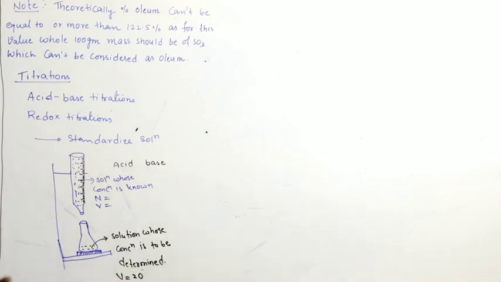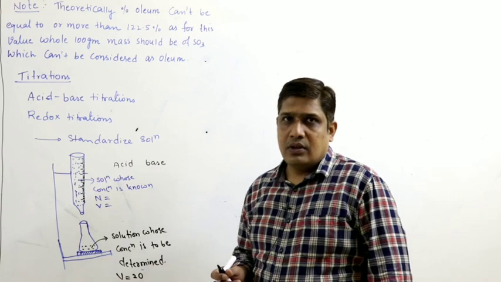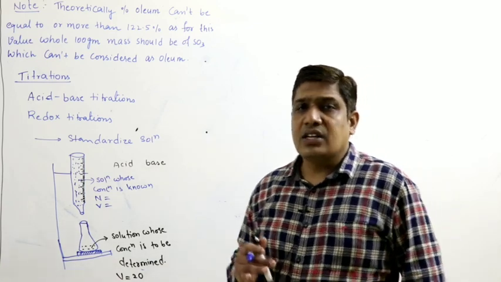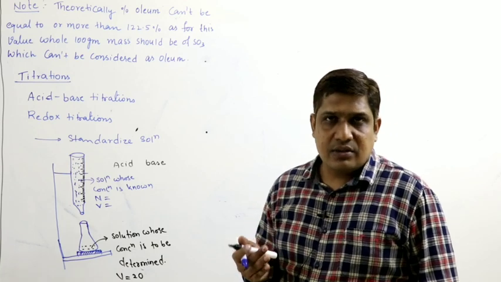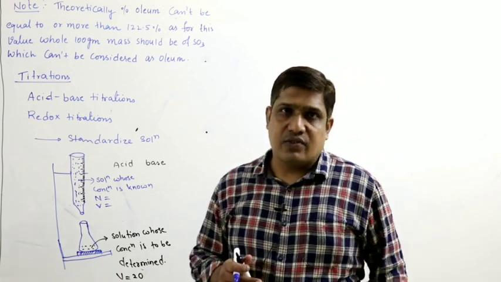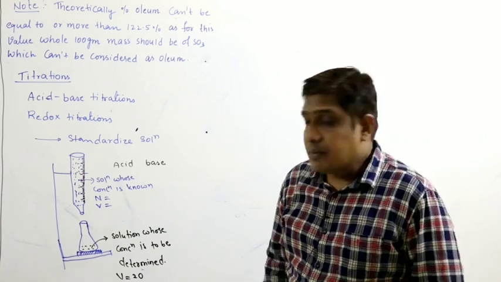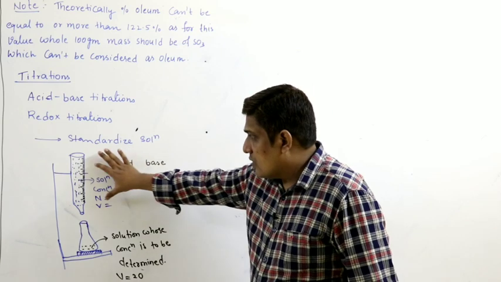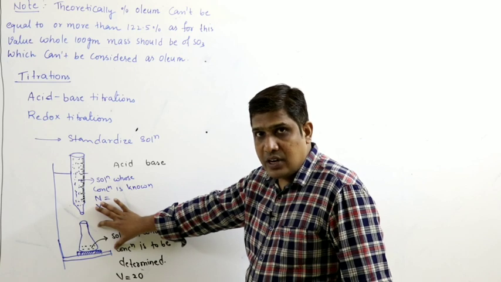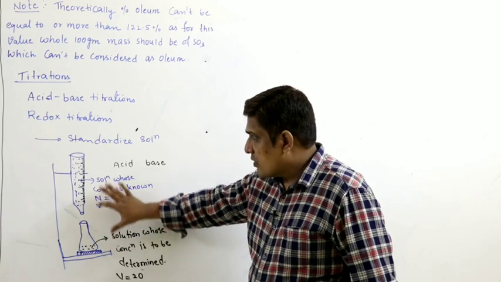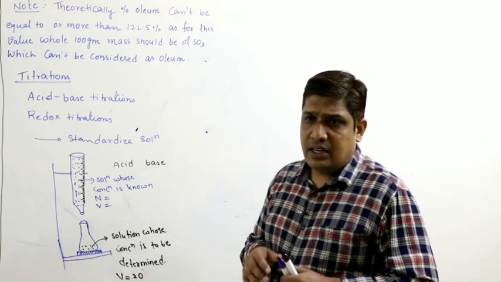Here we use the chemistry. What is the chemistry? They react. After completion of the reaction, the number of gram equivalents of reactants reacted must be equal to the number of gram equivalents of products formed. I am using the same principle of gram equivalence. So the number of gram equivalents of acid reacted must be equal to the number of gram equivalents of base reacted.